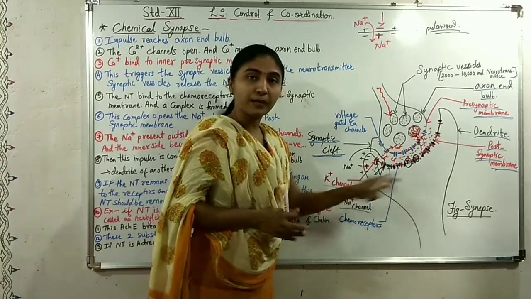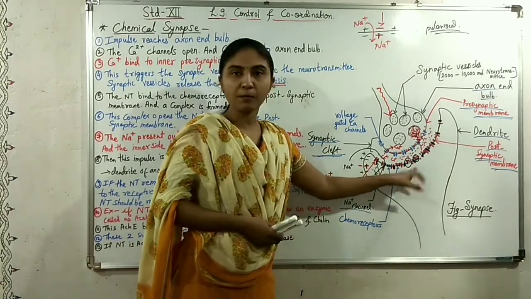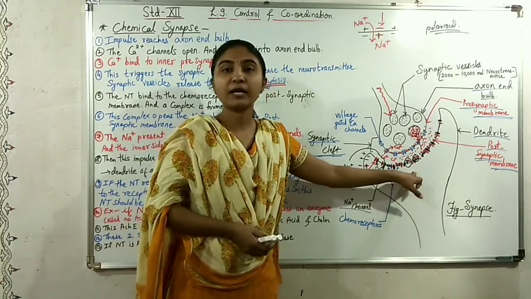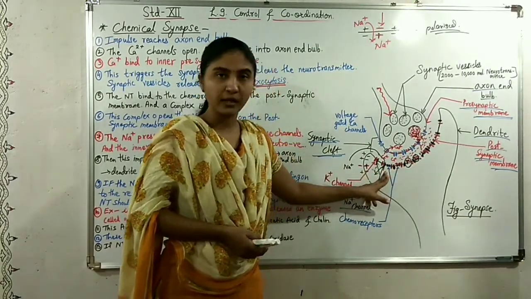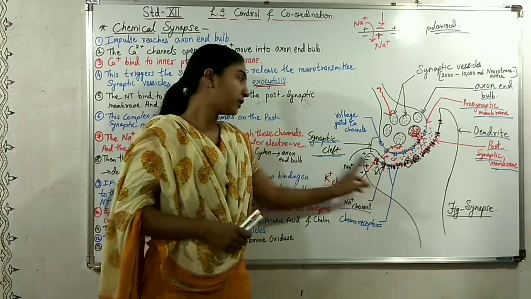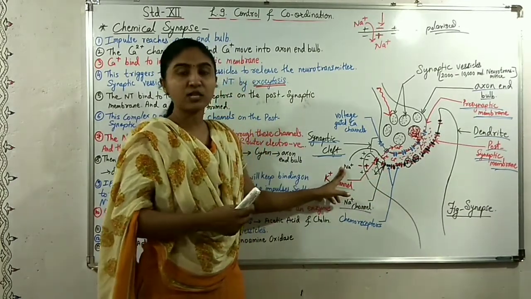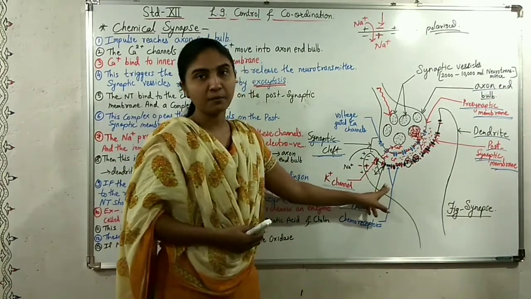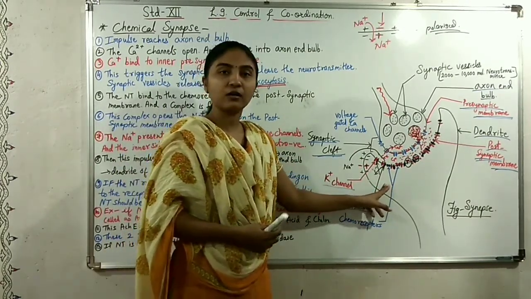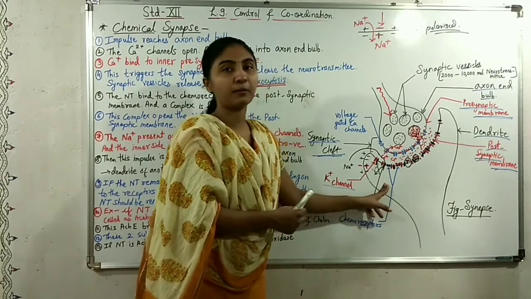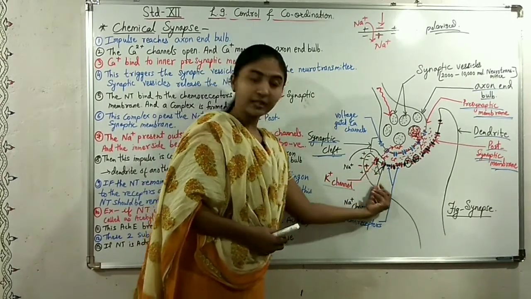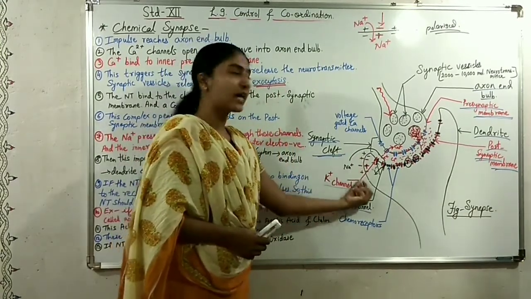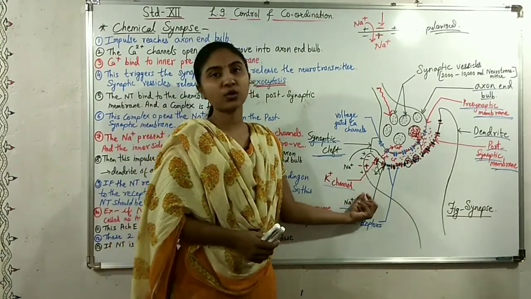Because of the complex of neurotransmitter and receptors, the sodium channels open, the sodium ions enter inside the membrane, the inner side becomes electropositive and the outer side becomes electronegative.